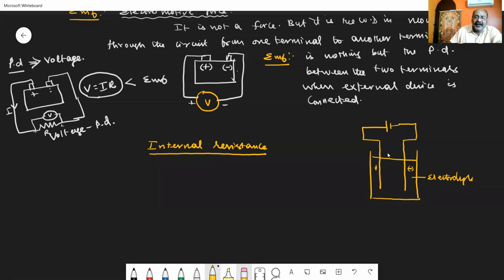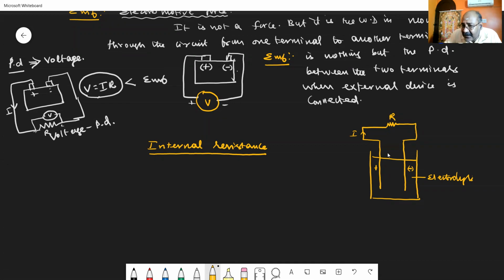Or I can do one thing. Instead of the battery, I am connecting a resistance externally. Then the electrons will be flowing from the negative terminal to the positive terminal externally, or the current will be flowing from the positive terminal to the negative terminal. Inside, it will flow through this resistance.